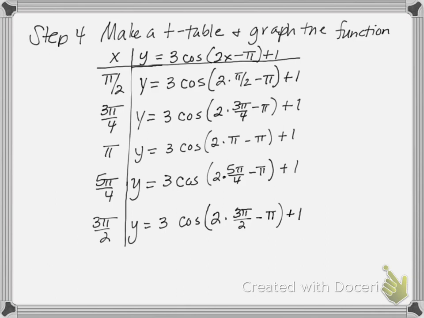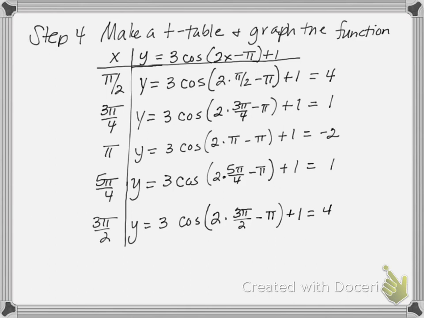If I put that into a calculator, I get 4. If I substitute 3 pi over 4 for x, I'm getting 1. If I substitute pi for x, I'm getting negative 2. Substituting 5 pi over 4 for x, I get 1. And if I substitute 3 pi over 2, I get 4.